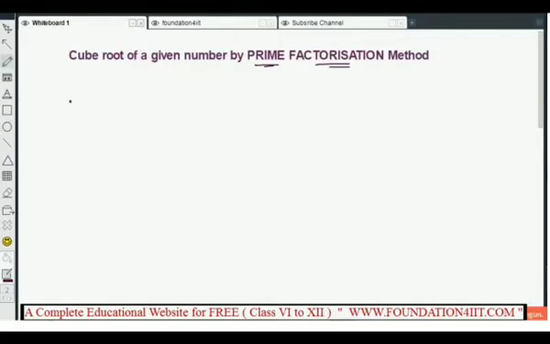For example, I'll take a question: find the cube root of 9261. Next we'll see how to test whether a number is a perfect cube or not. We will use the prime factorization method for both.